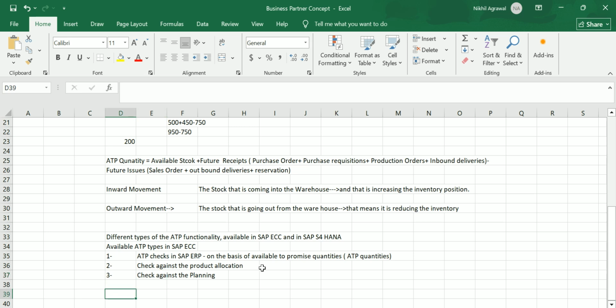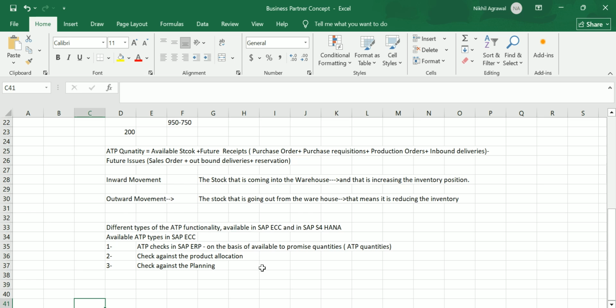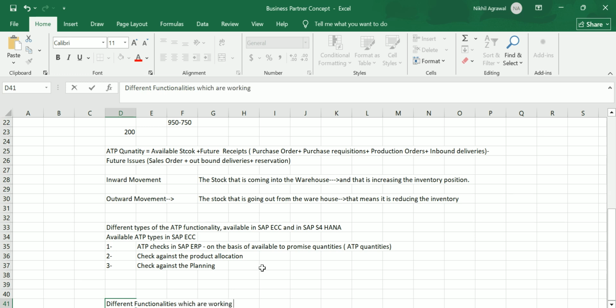Let us discuss one by one the different functionalities which are working for the ATP.